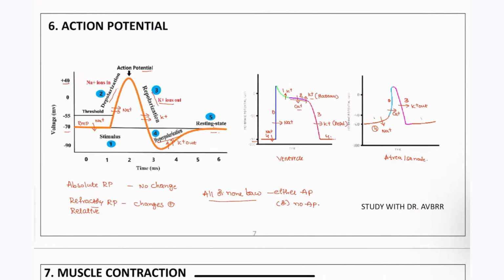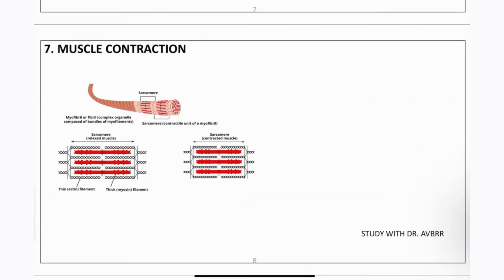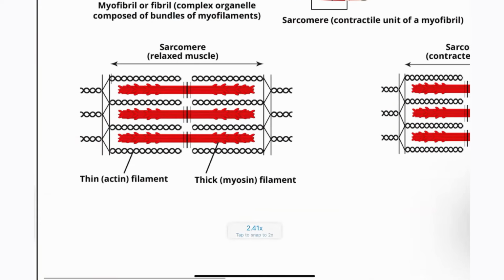Next, we are moving on to muscle contraction. Before we move on to muscle contraction, I want you guys to know about the sarcomere structure. What are the important factors present here? These lines are known as Z lines. And this zone which is present here is the H zone. Next, what about the thin actin and the thick myosin?